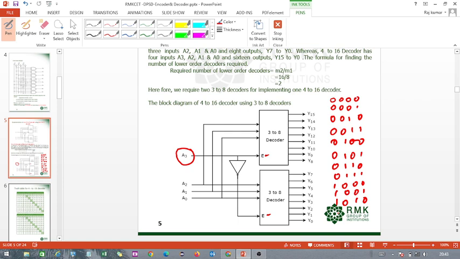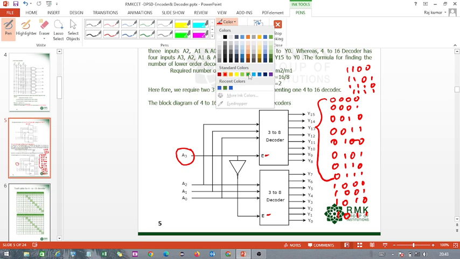Okay, so look at this. For the first 7 cases, always this line, which I have assumed as A3, A2, A1, A0, the A3 line is 0. If it's 0, with the help of the remaining 3 lines you can select information 0 to 7.